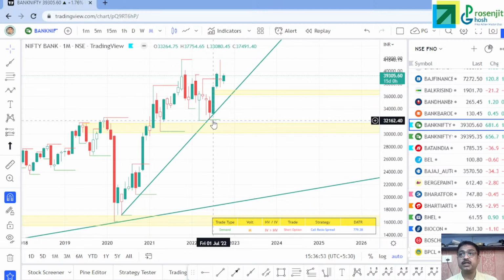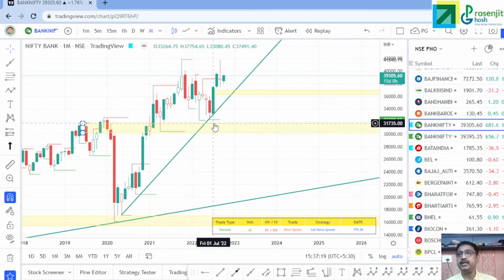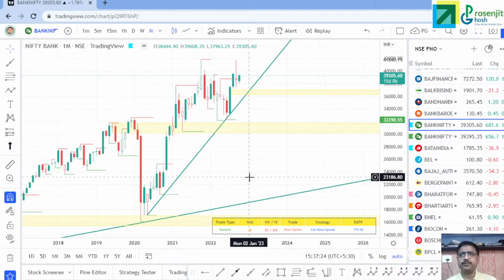So that means there is no information yet from the price that price wants to go down. If tomorrow this gets broken, then I will say, okay, the price has shown its intention that the trend has changed. Now I will take more short trades than long trades. But until the higher low is intact, I will think going long.